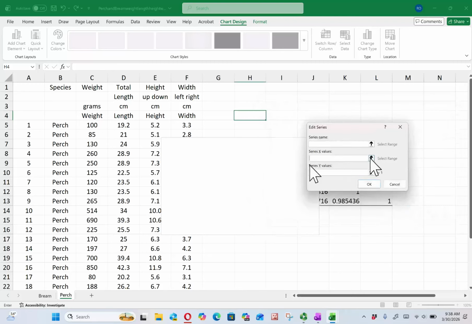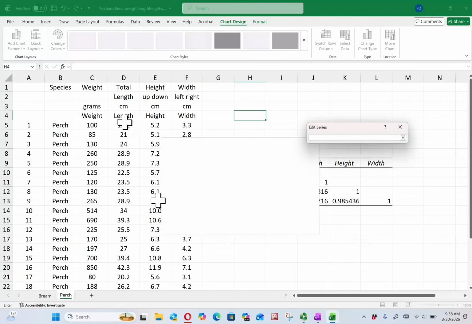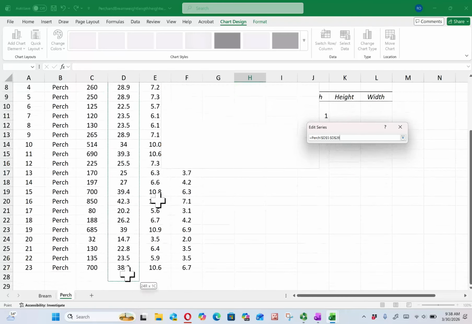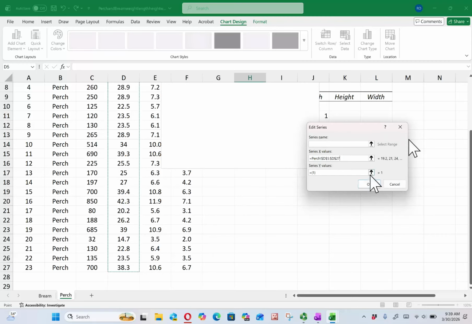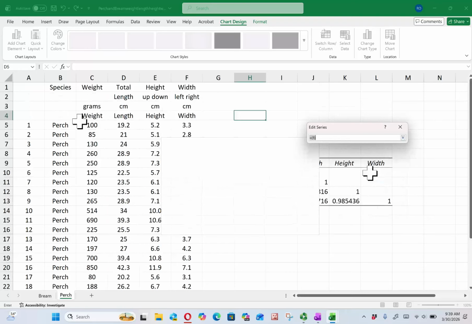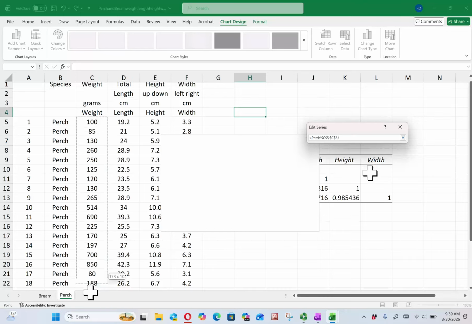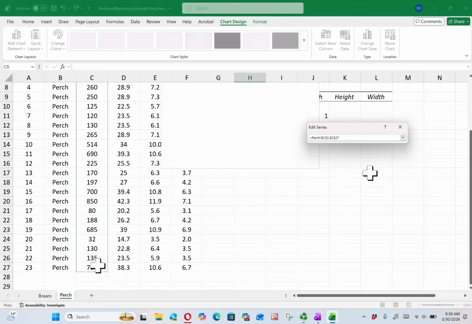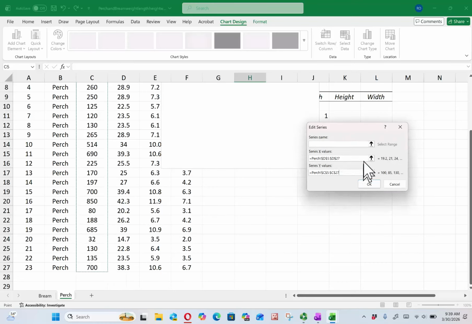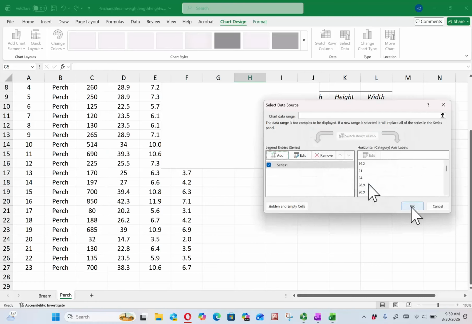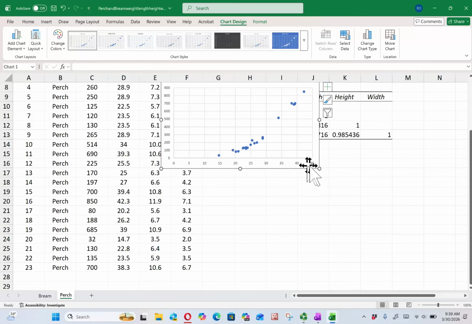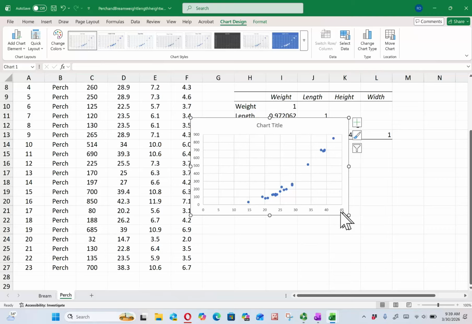Add x values first, length, and I know it's going to be length, so I don't need to get the label. Then the y values are going to be the weight. And there is the graph of length by weight.